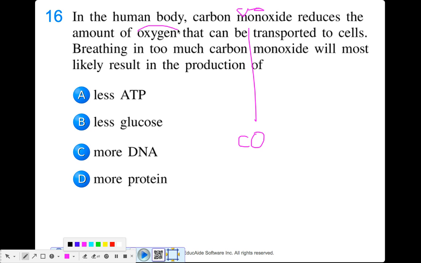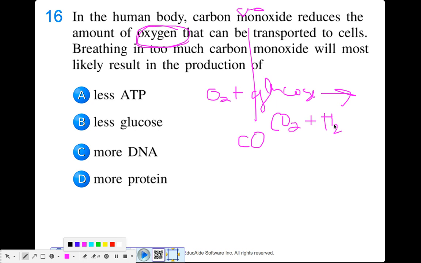Well, first let's think about what oxygen is needed for in the cell. Cellular respiration, right? Oxygen plus glucose produces, it's exactly the opposite of photosynthesis, carbon dioxide and water, except we've also got some ATP in here, and we also lose some heat too.